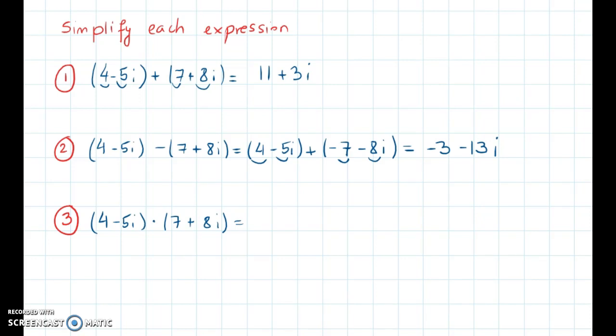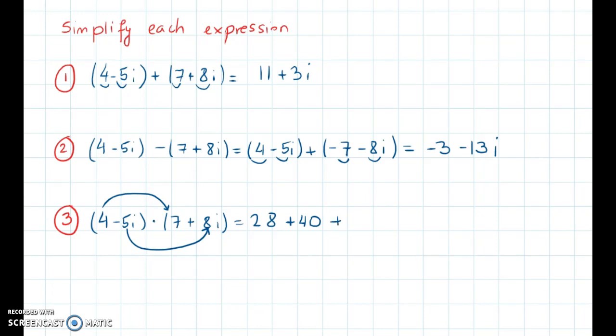When I multiply them, I'm going to multiply the real parts together. 4 times 7 is 28. And I know that I'm also going to get a real number by multiplying the two imaginary parts together. So it's going to be -5 times 8, which is -40, but then multiplied by i squared, so +40.